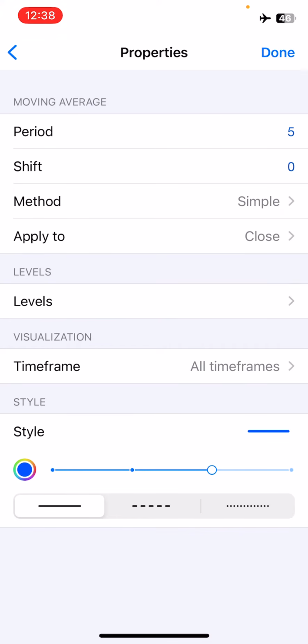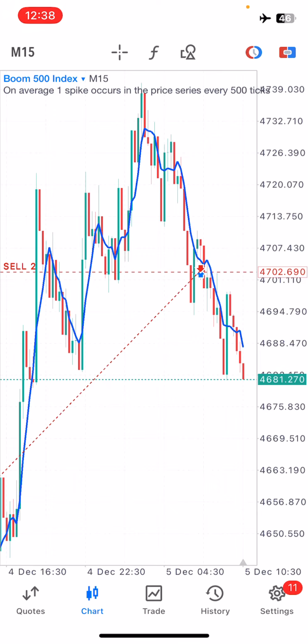There are no levels for this and any other indicator. And on visualization, just allow it to be on all time frames so that when you switch around, you can see it on all time frames, although we said we're just going to be using our 15-minute time frame. Once you're done, you simply click done, and you can see that we now have that blue moving average running across our charts.